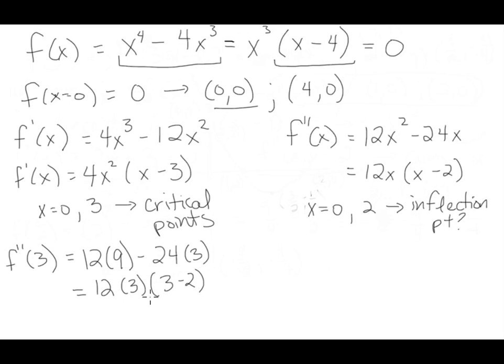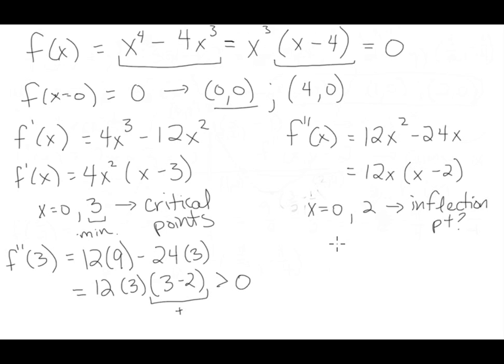The reason I point that out is this 3 minus 2 is positive, and these other terms are also positive. So the second derivative is greater than 0. Therefore, I can conclude that when x is equal to 3, I have a local minimum.